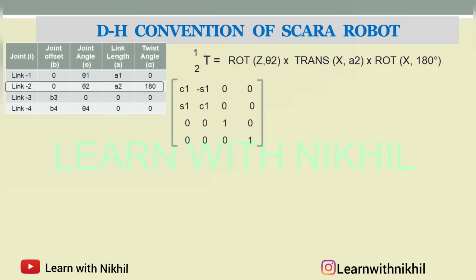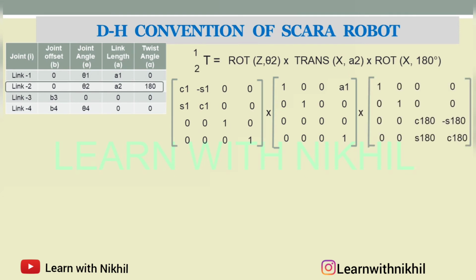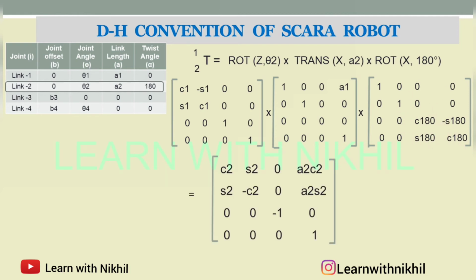This is for rotation about z axis, cos theta, minus sin theta, sin theta, cos theta. This is for translation matrix, as it is translating along x axis, a is here. And finally, the rotation about x axis with an angle of 180, you have cos 180, minus sin 180, sin 180, cos 180. So you have to find the values of this and substitute.